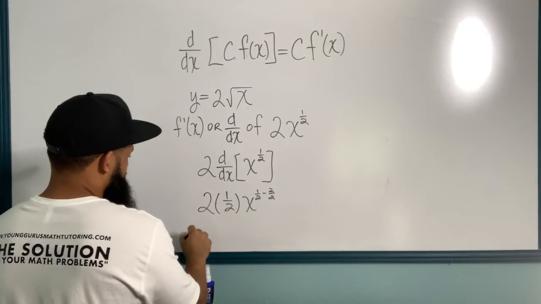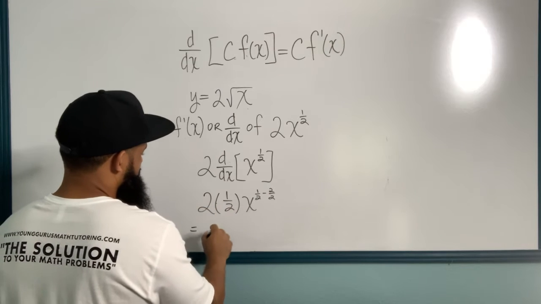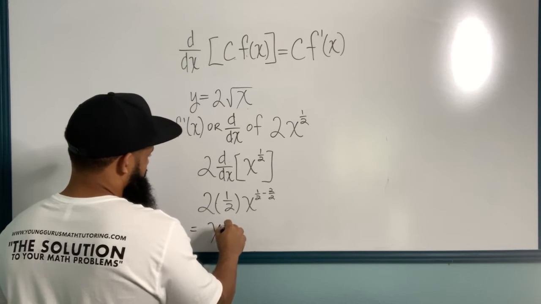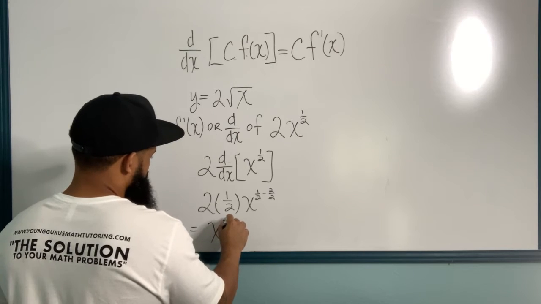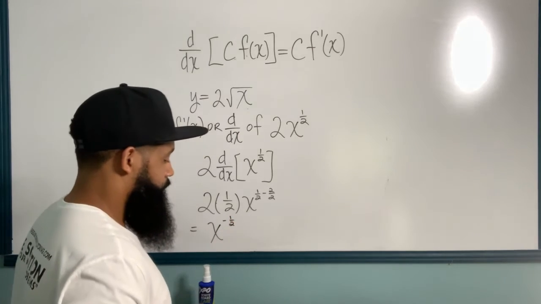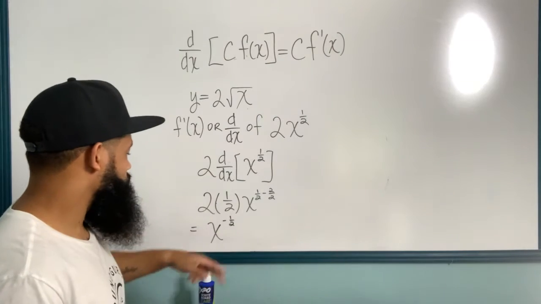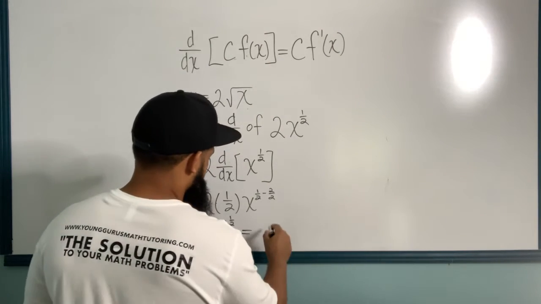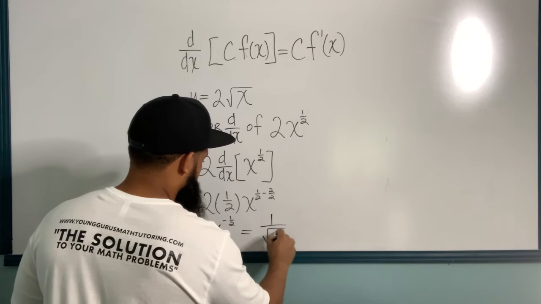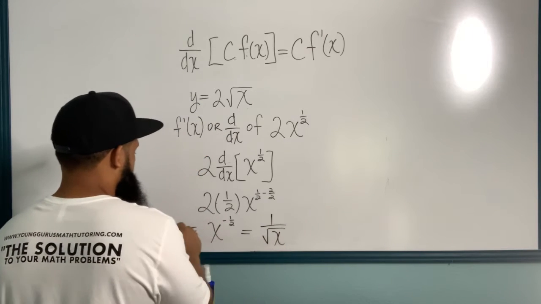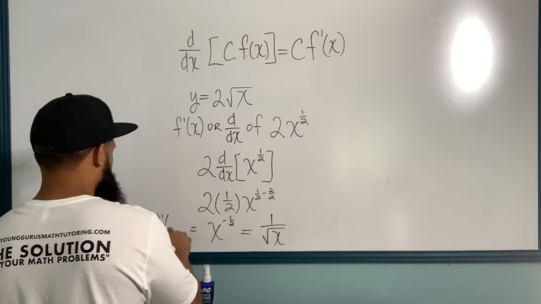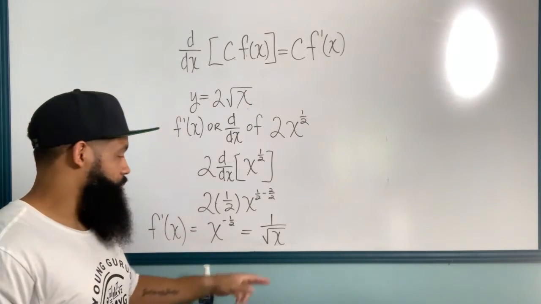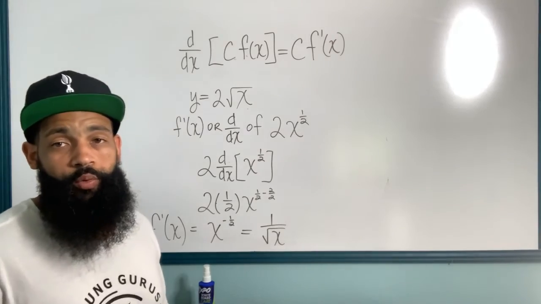And then boom, I simply say 2 times 1/2 is 1, so I'm just going x to the negative 1/2, all right? So x to the negative 1/2, but I want to rewrite this in simplest form, so I'm just going to say simply 1 over the square root of x, all right? So f prime of x equals x to the negative 1/2, which is 1 over the square root of x.